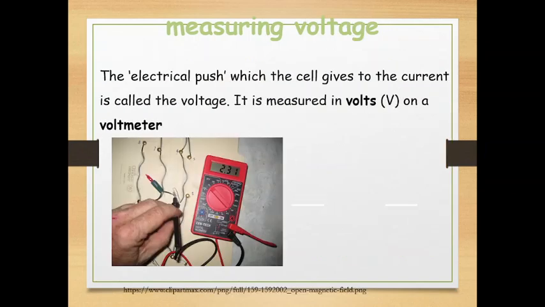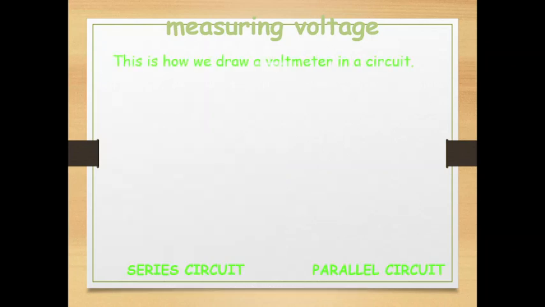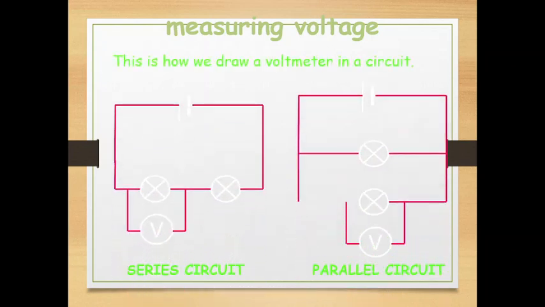Measuring voltage. The electrical push which the cell gives to the current is called the voltage. I hope that you remember this definition from our previous modules. It is measured in volts, or V, on a voltmeter. This is how we can draw a voltmeter in a circuit.